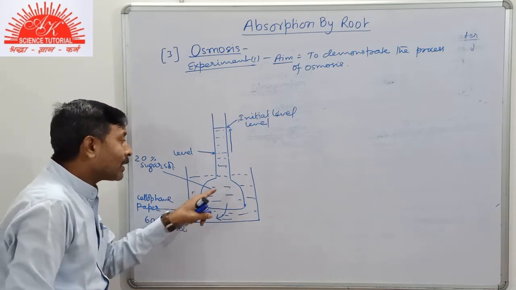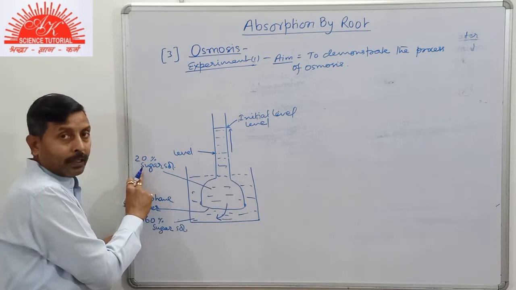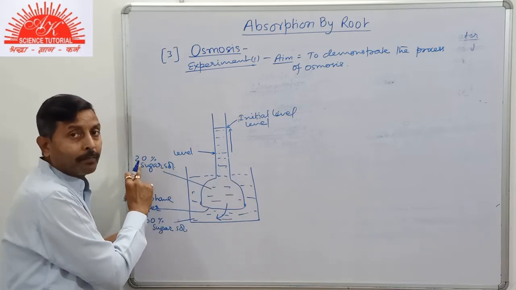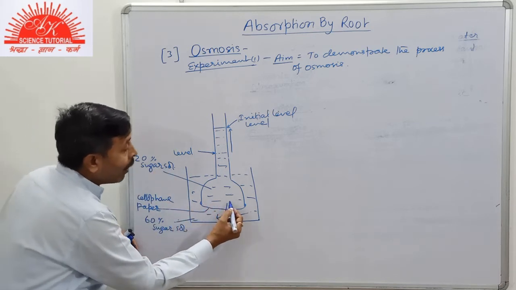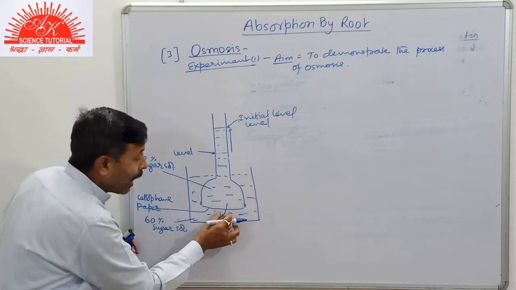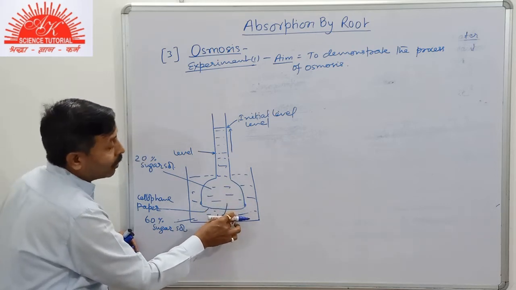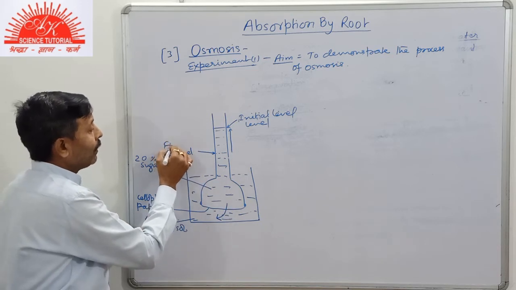That is, in this case, the solution inside the funnel is hypotonic, less concentrated, more dilute than the outside. Hence, water from the solution inside the funnel moves outward, that is into the solution in the beaker. So this will be the final level.